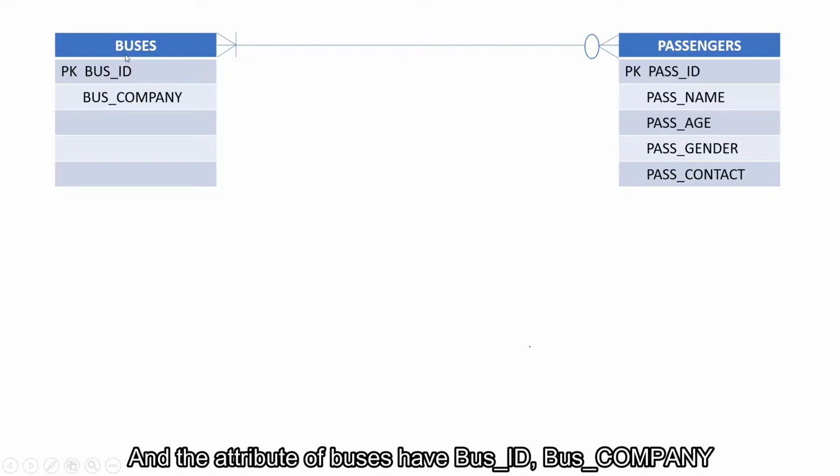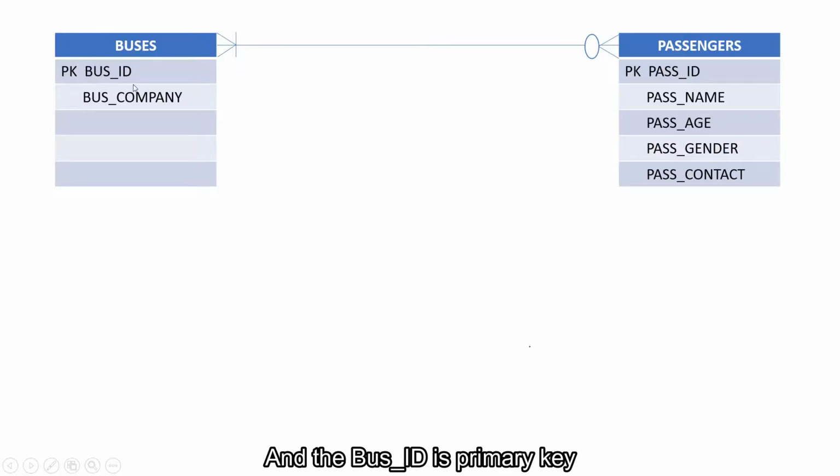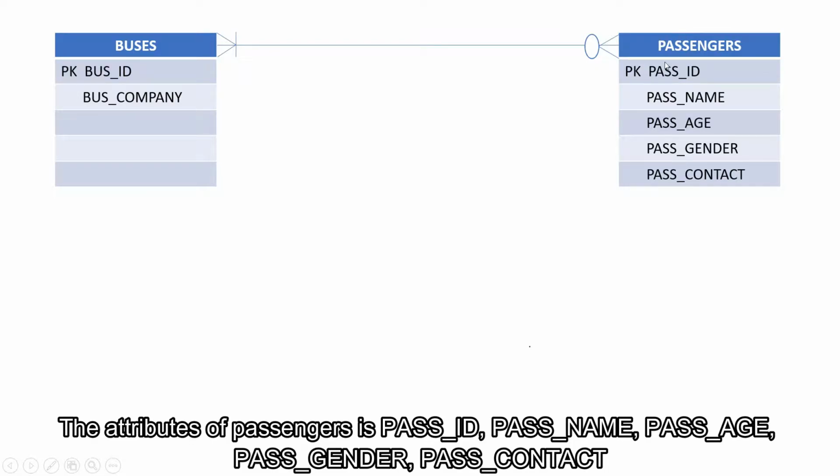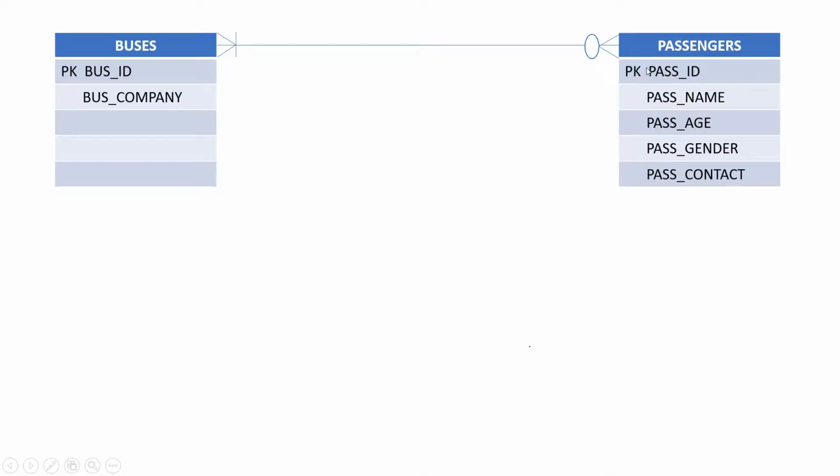The attributes of buses are bus ID and bus company, and the bus ID is the primary key. The attributes of passengers are bus ID, passenger ID, passenger name, passenger age, passenger gender, and passenger contact. And the passenger ID is the primary key.